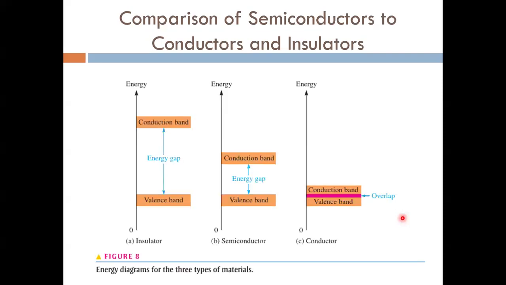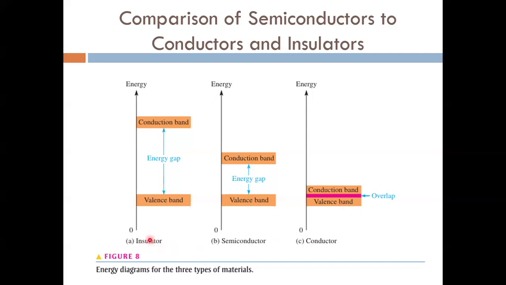So on the right side, we have conductor in which valence band and conduction band are overlapped. It means at normal room temperature even, there is availability of free electrons in the conductor which can participate in the flow of current.